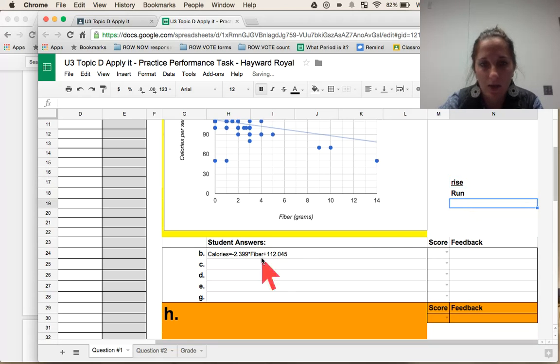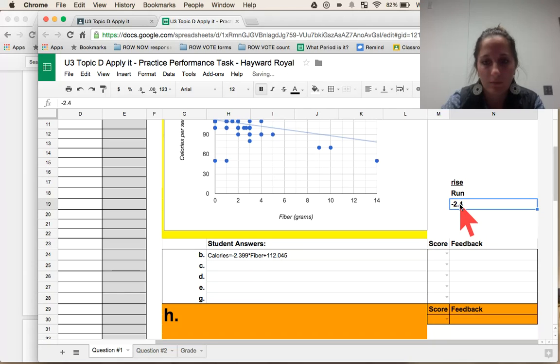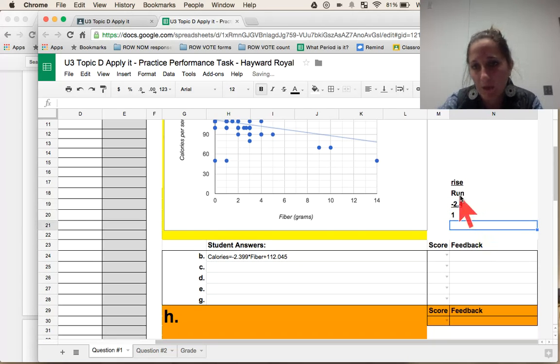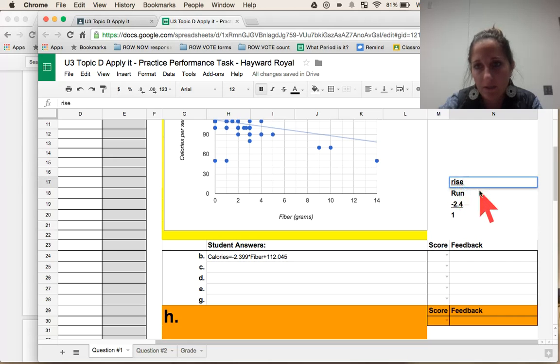And the rise is negative 2.4, rounding, divided by 1. And remember, rise is an up and down movement. So that's really traveling along the y-axis, which really means an increase or decrease in calories.